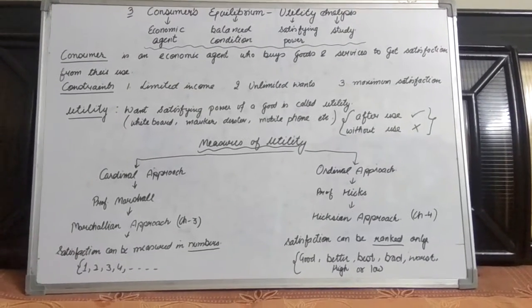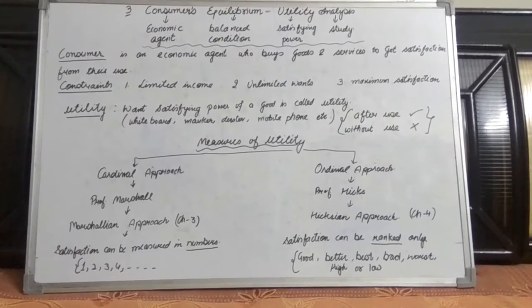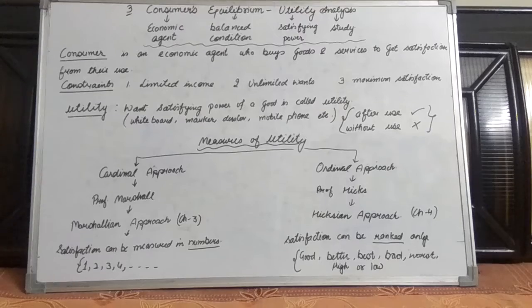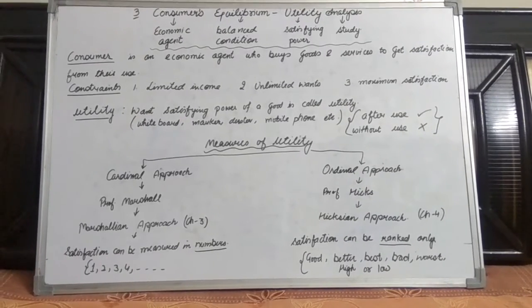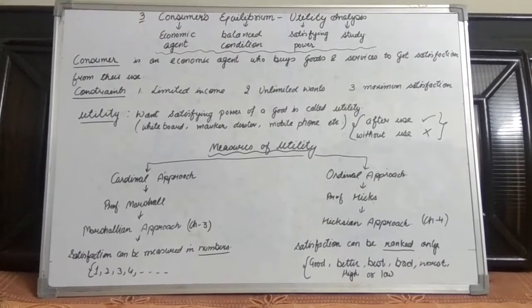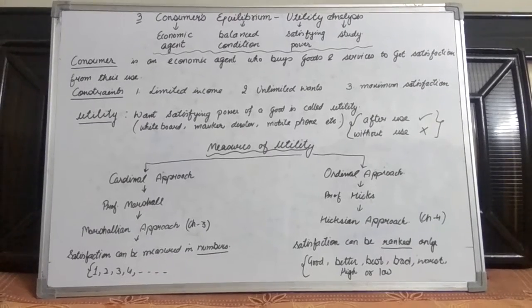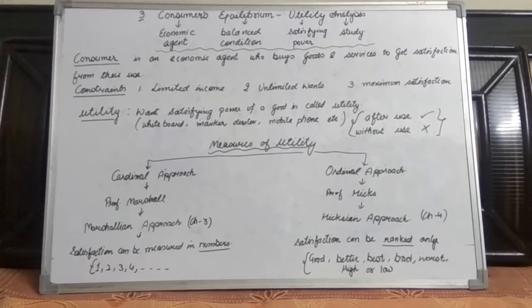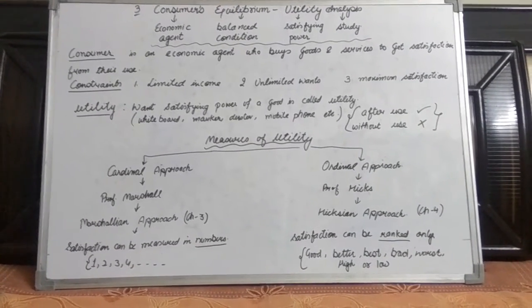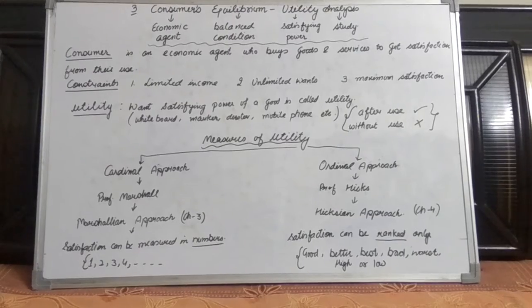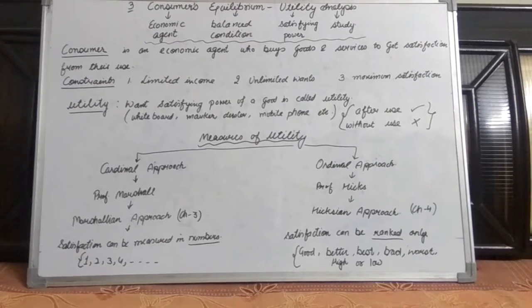The next content we have is measure of utilities. So we have two approaches to deal with utility. The very first approach is the cardinal approach, presented by Professor Marshall. That is why it is termed the Marshallian approach, and we are going to discuss it in this chapter, utility analysis.